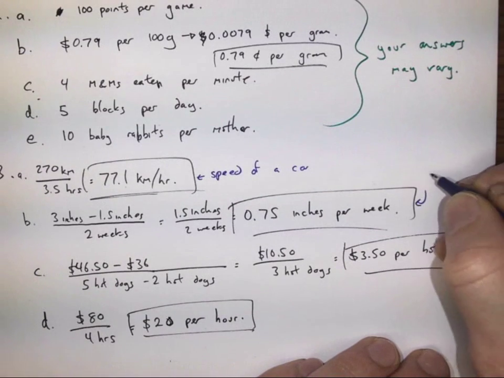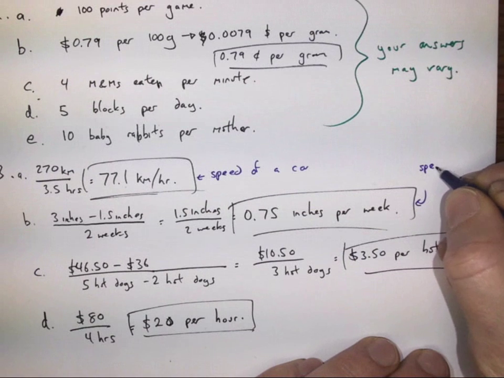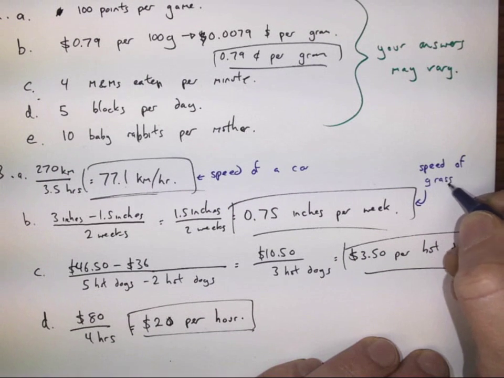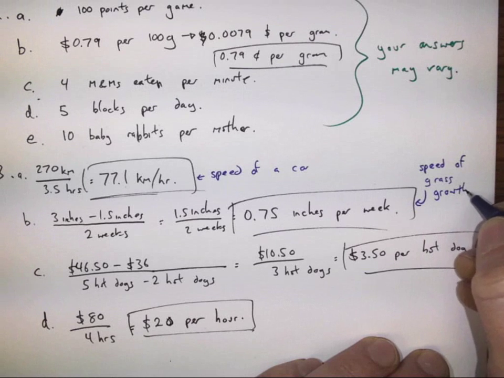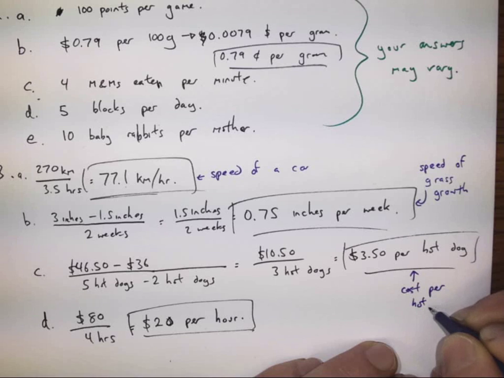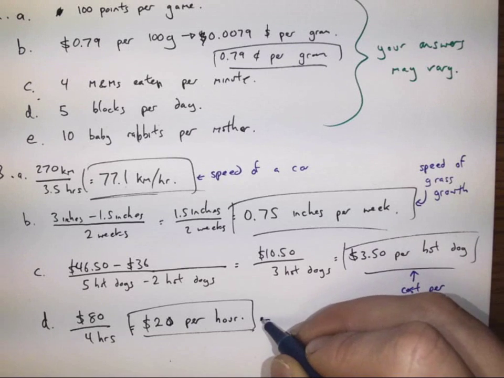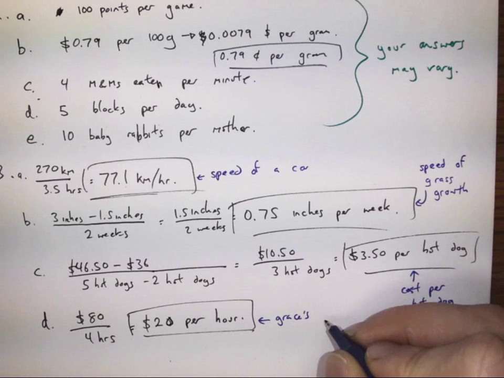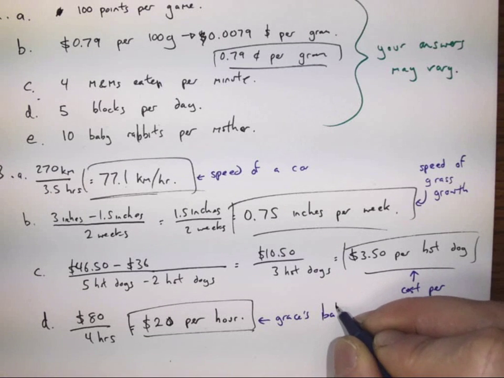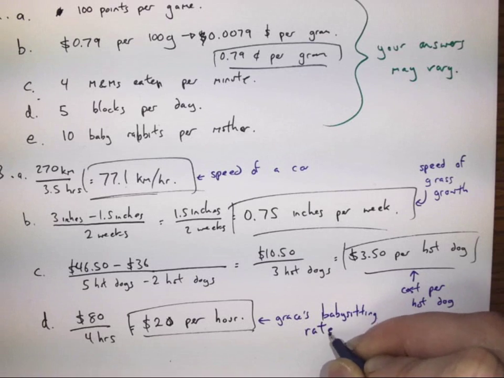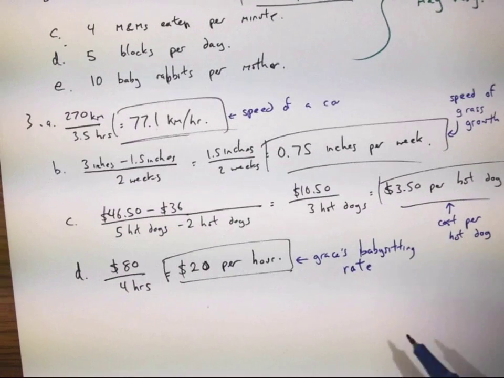This is the rate speed of grass growth. This is the cost per hot dog. And this is Grace's babysitting rate. That's what she charges, $20 for every hour.